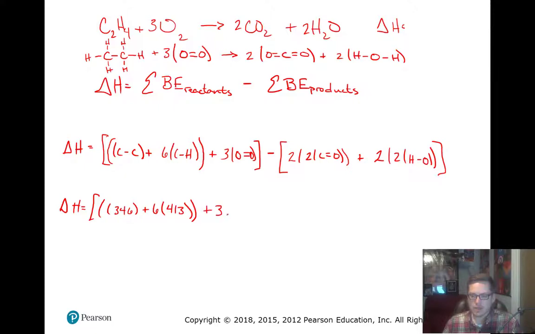So 3, and then 3 OO double bonds, so they say that's 498. And then 2 times our C=O bond, 799. And then plus 2 times our OH bond, 463.